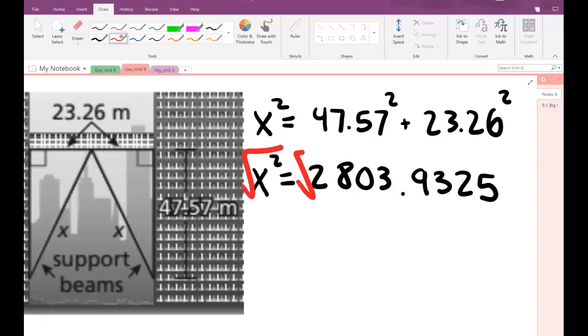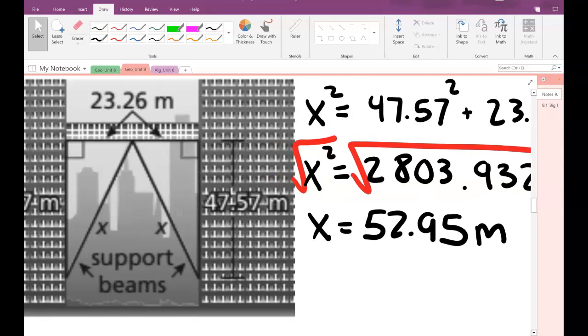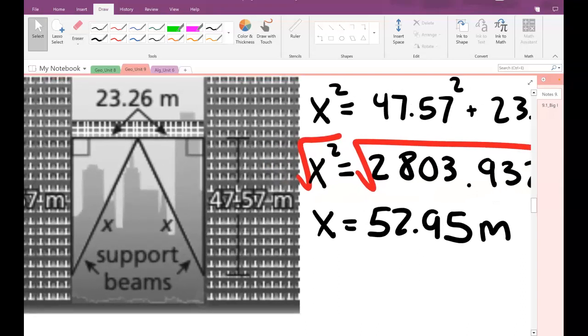To find out what x is, we just take the square root of both sides. I'm going to round it to 2 decimal places since that's what all my other lengths are given in. So this would be 52.95 meters. 52.95 meters would be the length of each of these support beams.